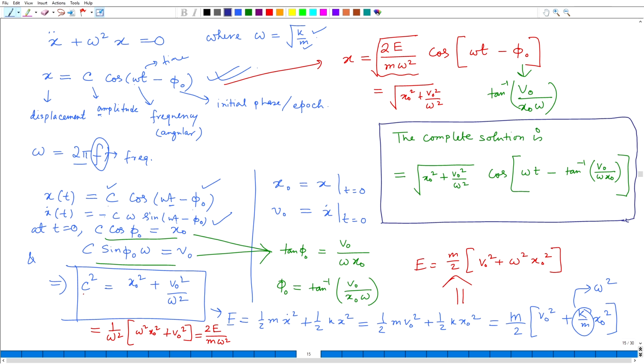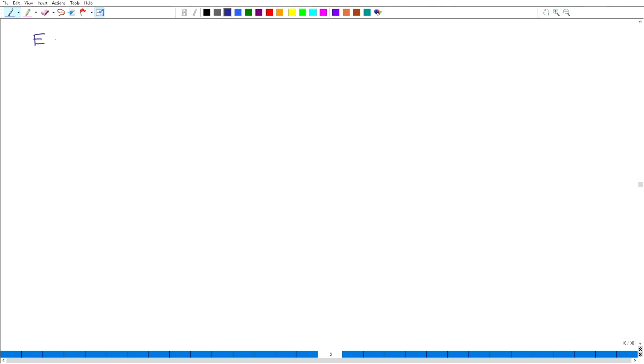Now, I want to also calculate another simplified expression for the total energy. So, the total energy I have already said is nothing but half m x dot square plus half k x square in 1D of course, and then I am just trying to write directly the solution. So, x is equal to c cos omega t minus phi 0 and x dot is equal to minus c omega sin omega t minus phi 0.